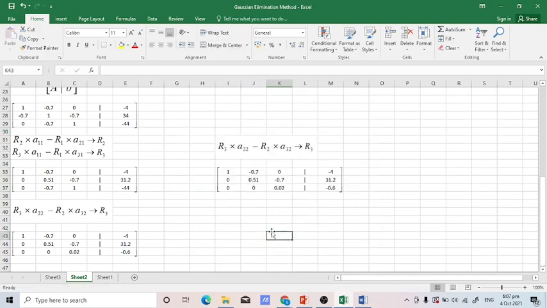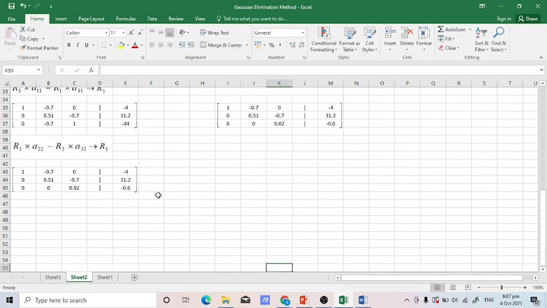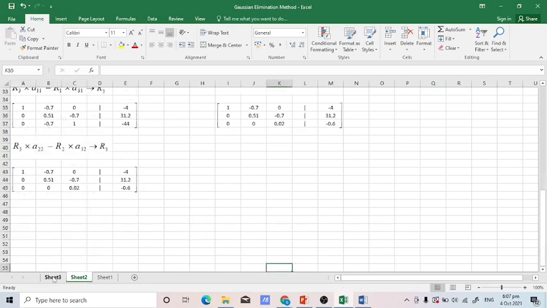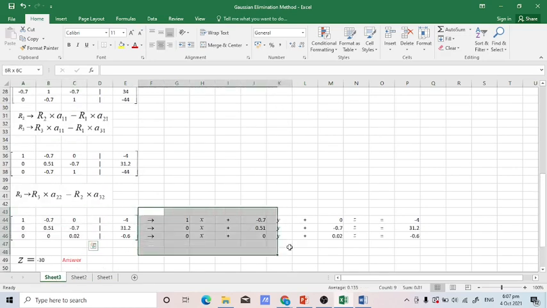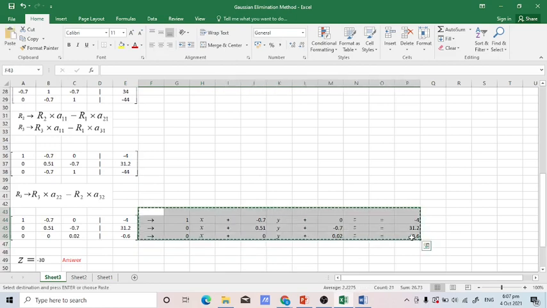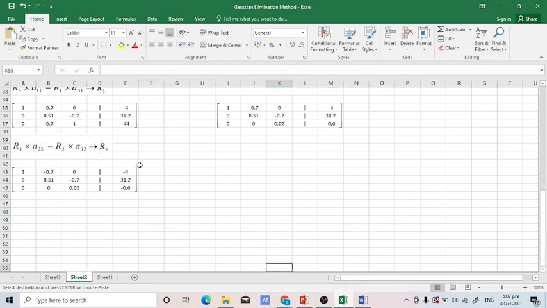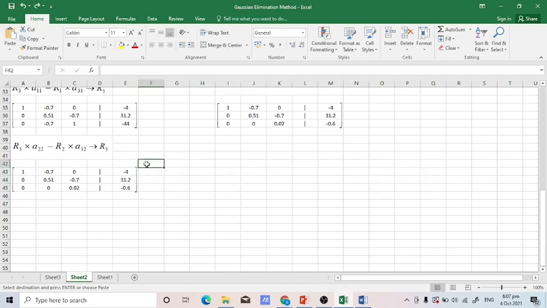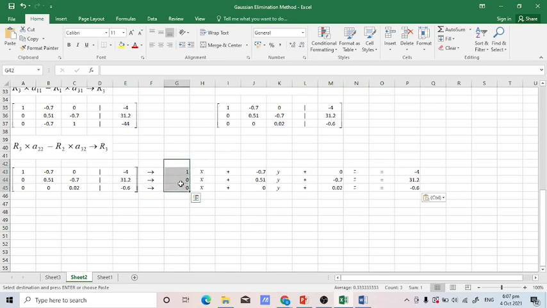Transfer yan. Okay. So, ito ngayon, ang next part. Ano na siya? Upper triangular matrix. So, kung ganon, pwede na tayong mag-back substitution. Pwede na tayong mag-back substitution. Ayan. Sobrahin muna natin to.